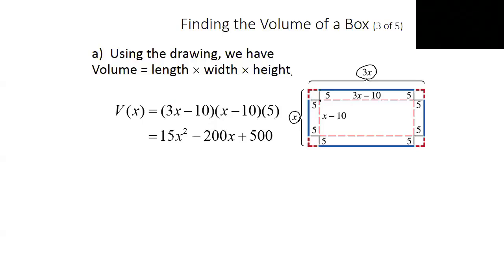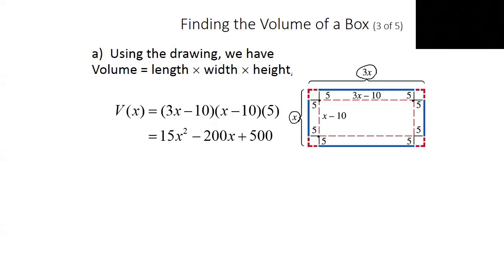And then we're cutting this corner 5 on each side, okay? So what's going to happen here is the inside measurement here would be 3x minus the 2 of these 5 inches that we're cutting from the edges. So it would be 3x minus 5 plus 5, which is 10. So from here to here would be 3x minus 10.